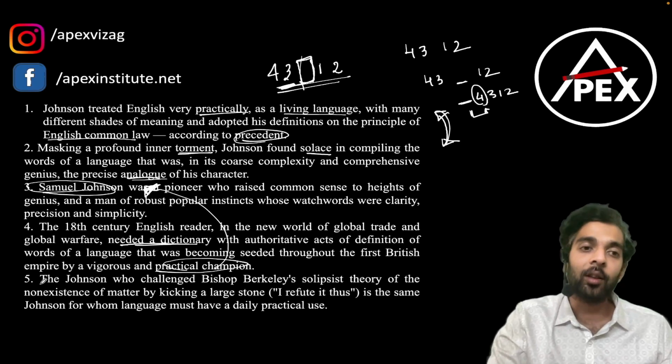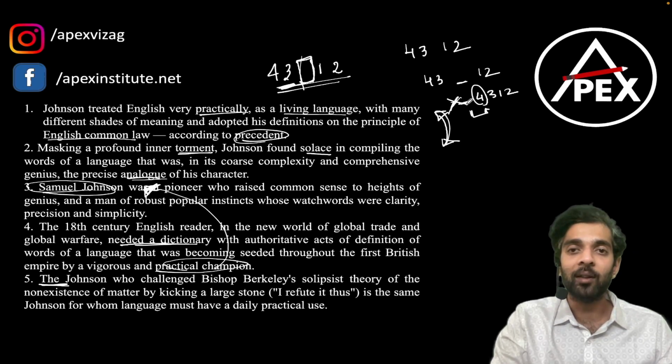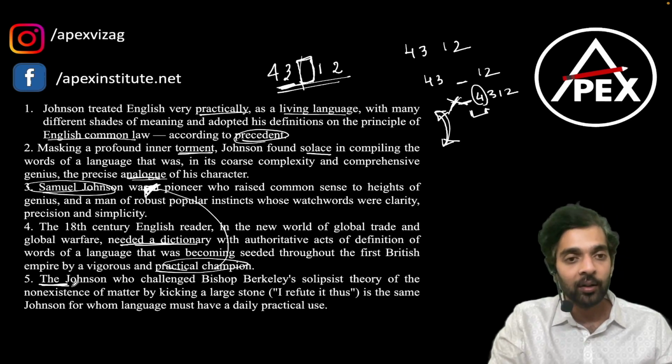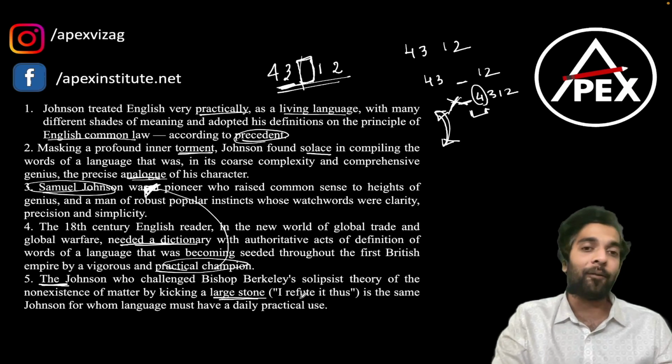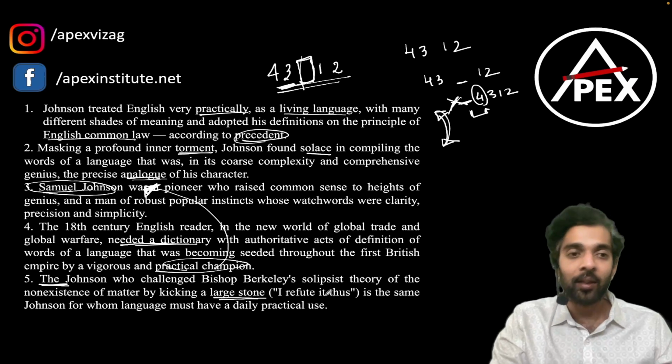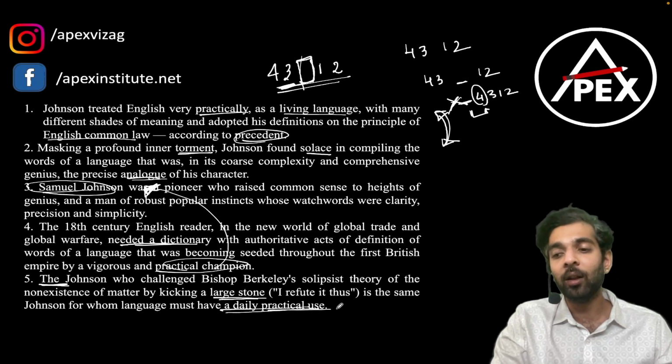The moment I see the Johnson, I'm not inclined towards putting 5 as my starting statement. The Johnson who challenged Bishop Berkeley's solipsist theory of the non-existence of matter by kicking a large stone. He said, I'll refute this. Is the same Johnson for whom language must have a daily practical use.